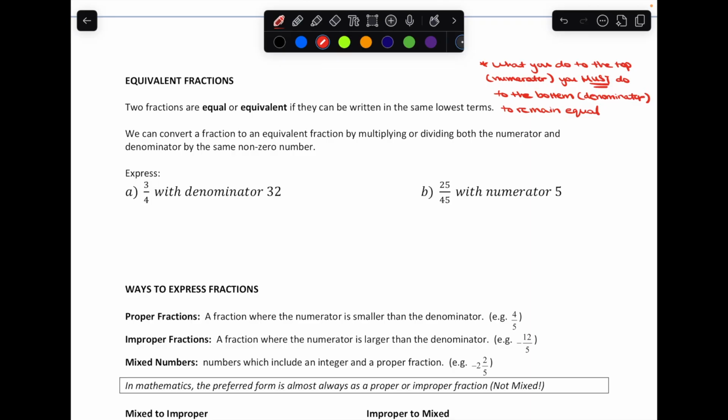And vice versa. So again, if you do something to the denominator, you must do to the numerator. If you do something to the numerator, you must do to the denominator.